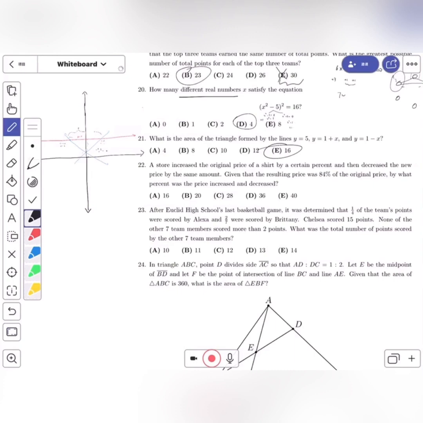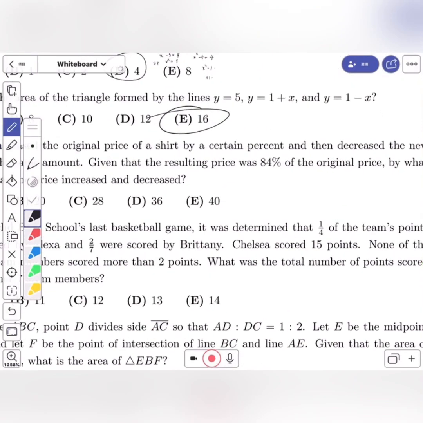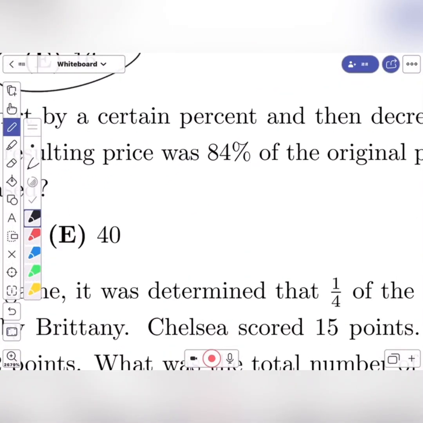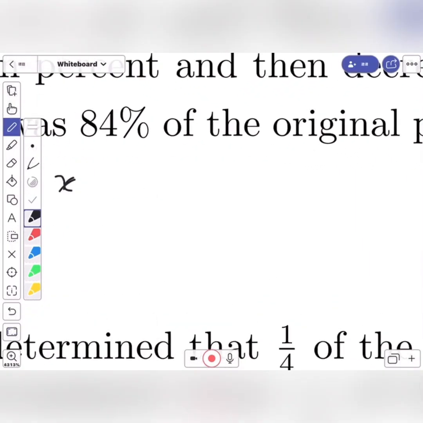A store increases the original price of the shirt by a certain percent and then decreases the new price by the same amount. Given that the resulting price was 84% of the original price, by what percent was the price increased and decreased? So let's set x to be the percentage of increase.